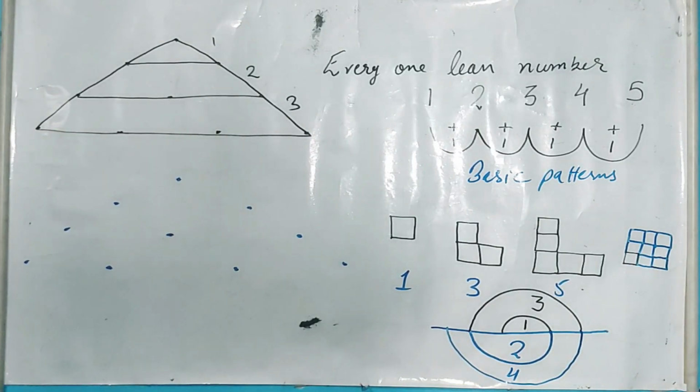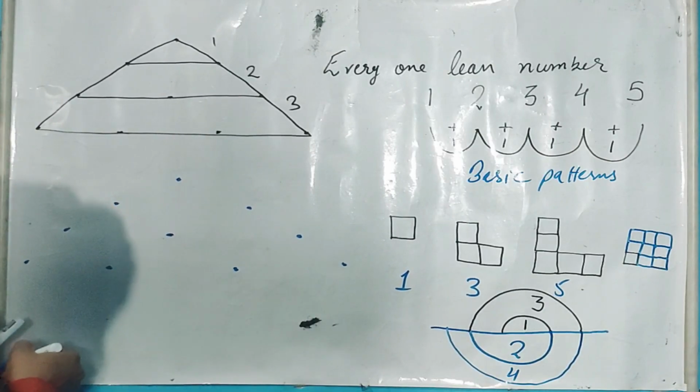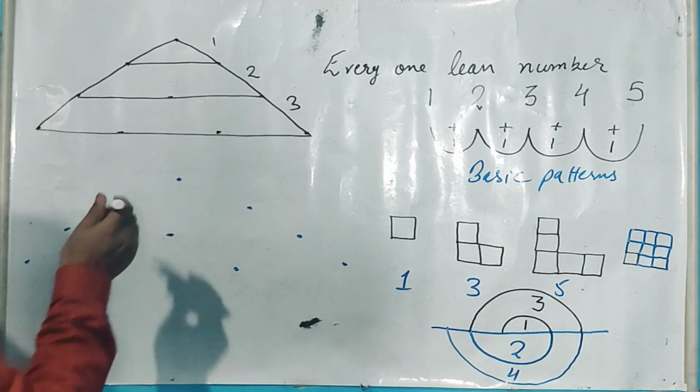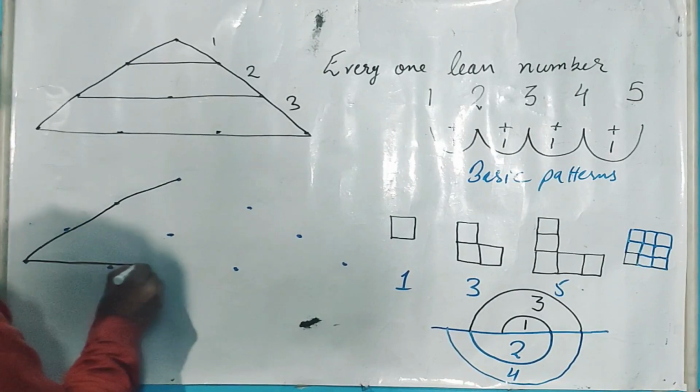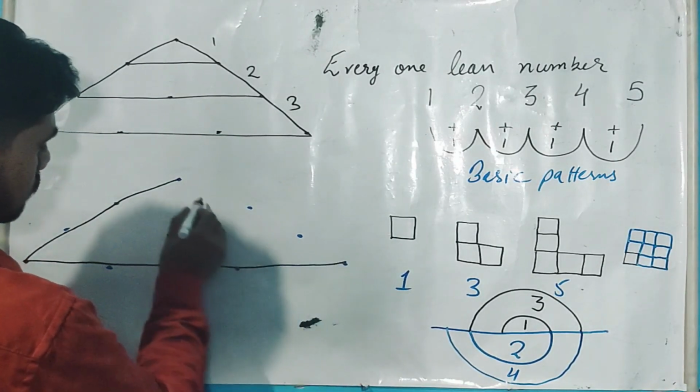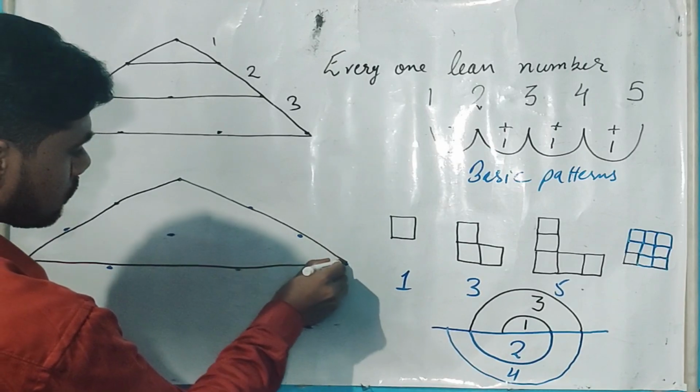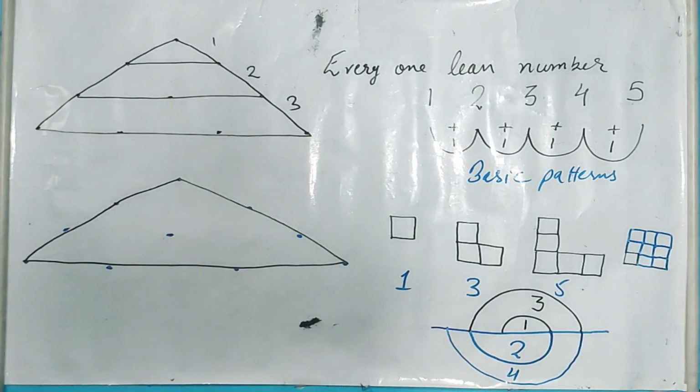If we join this, again it becomes a triangle.